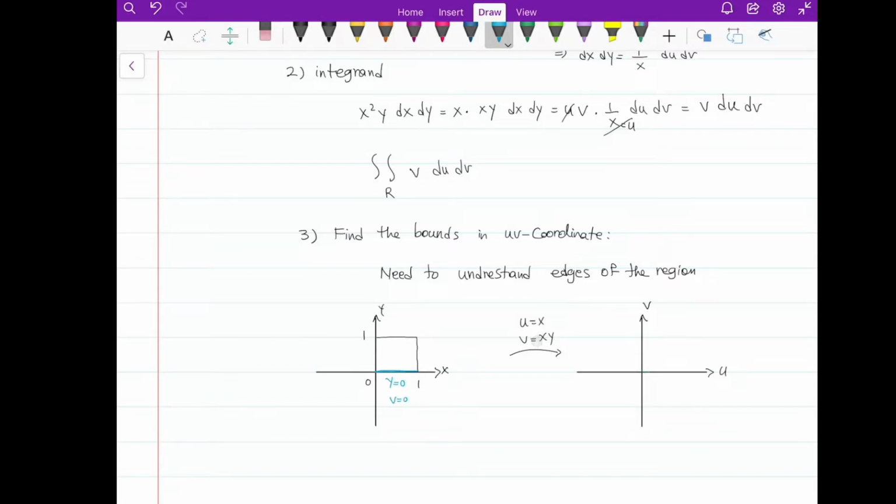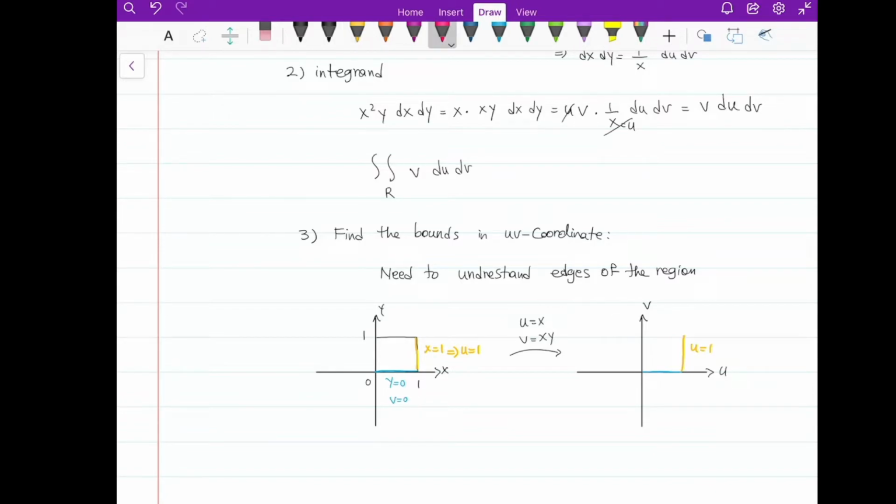So this edge would be this part over here. And then I'm going to consider this edge. This is x equals 1. x equals 1 gives u equals 1. So I get this side, which is u equals 1.